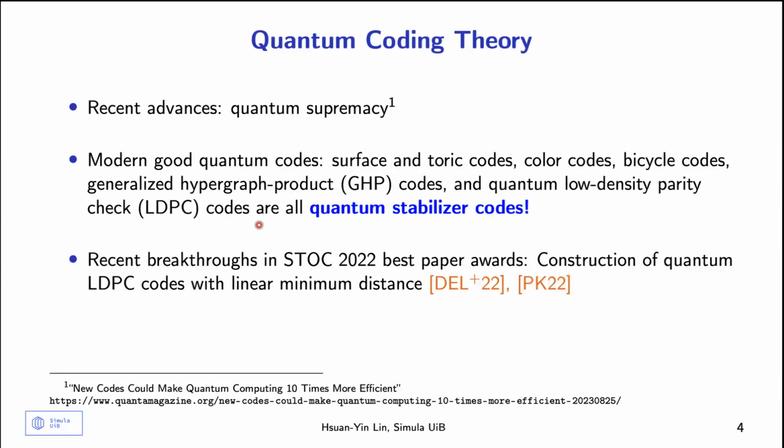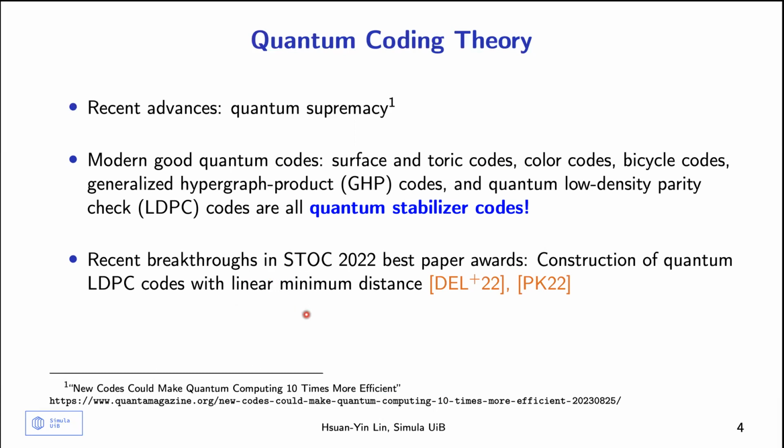So recently, why is it so popular? Because there was a famous computer science conference in 2022, where two papers got awards, and they both talk about quantum LDPC codes. They show that the minimum distance of such a code grows linearly in the qubits, which they believe is a good code, because in classical, I think LDPC codes can do almost better than linear.